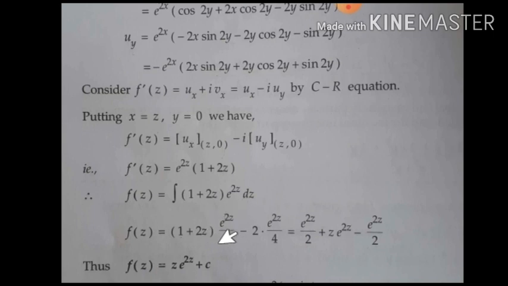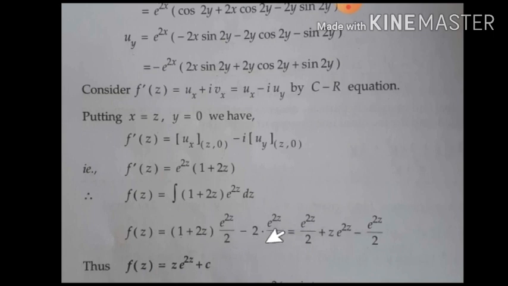Then integration of this, 1 by 2 as it is, derivative of e to the power of 2z is e to the power of 2z by 2, 2 into 2, 4. Then the next term, when I write it, continue the integration by parts. So for the third term, the derivative of this is going to be 0, so we won't write that term.